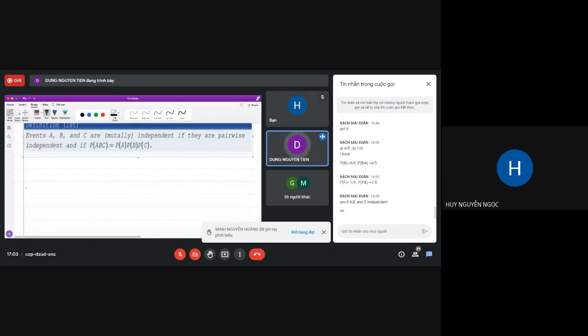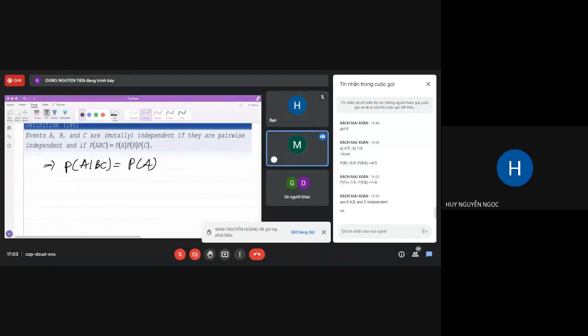And if they are mutually independent, then you can prove that the conditional probability of A given BC is equal to the probability of A. So if the events are mutually independent, they are pairwise independent, but the converse is not always true. Understand? Are there any questions so far?